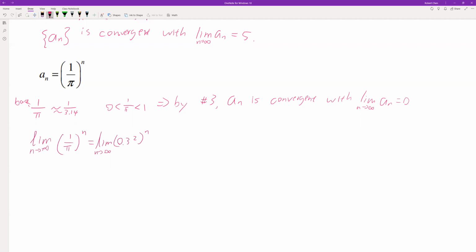Okay, and when you take a number like 0.32, any number between -1 and 1, and you take it to a very high power, it's always going to approach 0. Right? So it actually doesn't matter if you remember it or not. Of course, if you remember, then it can save you some time, but the actual taking the limit part is not going to be that crazy. Okay, all right, so let's move on to another one.